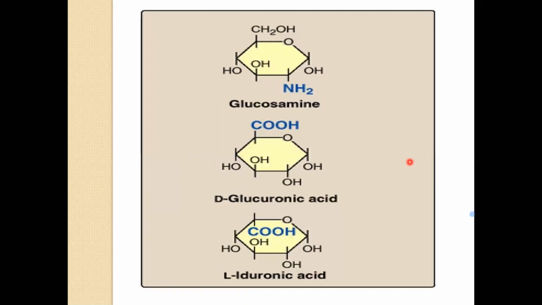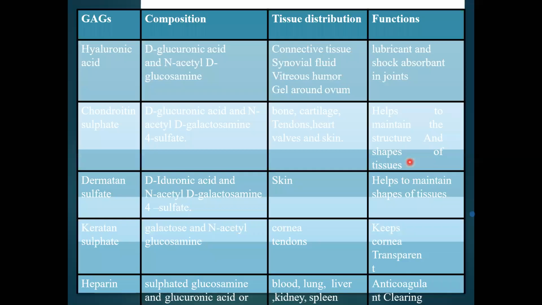So this applies to glucosamine, glucuronic acid, and L-iduronic acid. Hyaluronic acid is a kind of glycosaminoglycan, made up of D-glucuronic acid and N-acetyl D-glucosamine, present in the synovial fluid, and it functions as a shock absorber. Then we have chondroitin sulfate, which has D-glucuronic acid and N-acetyl D-galactosamine 4-sulfate, present in bones, cartilage and tendons, and helps maintain the structure and shape of the tissues.